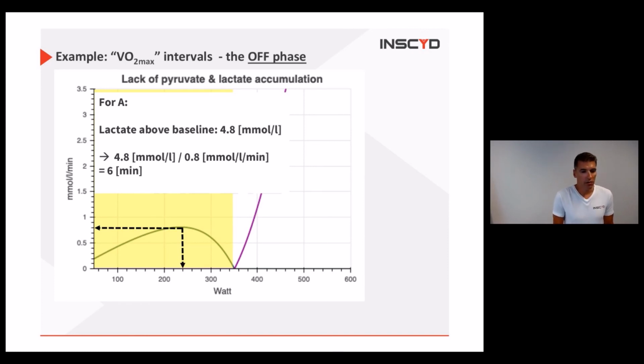If we want to get rid of that, that is 4.8 divided by 0.8 millimoles per minute, which results in 6 minutes recovery time. For example B, lactate will go above baseline by 10.5. If we divide 10.5 by 0.8, it's approximately 13 minutes for recovery.